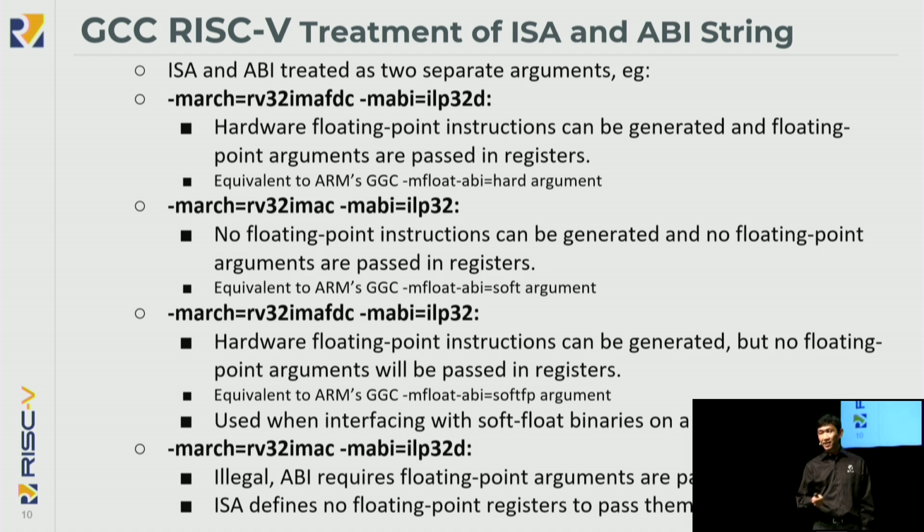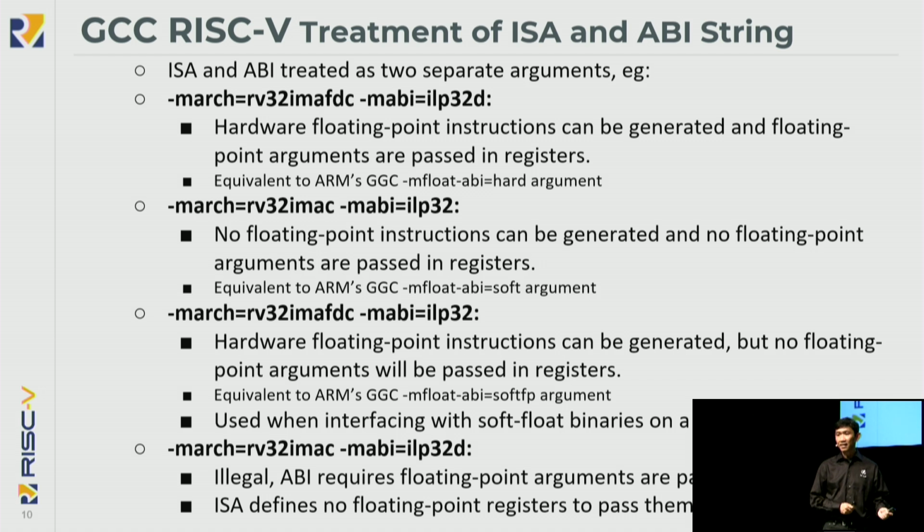Here are some examples that you could actually do. For example, in the first case, it indicates that a hardware floating point instruction can be generated because you have the F and the D in the -march ISA string, and a D at the end of the ILP32, which indicates that the floating point argument can be passed in registers.